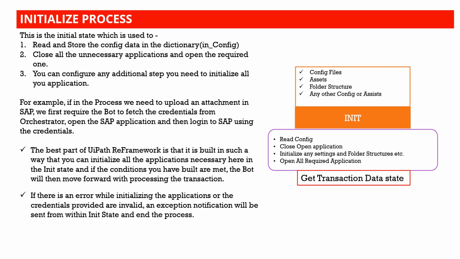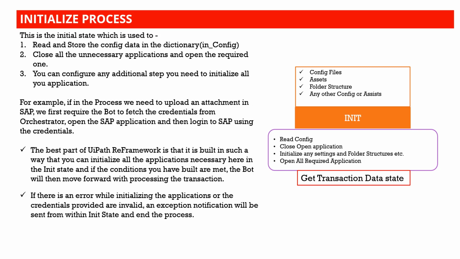For example, if in a process we need to upload an attachment in SAP, we first require the bot to fetch the credential from the Orchestrator, right? That would be the first step. Then we have to open the SAP application and log in using the credential.